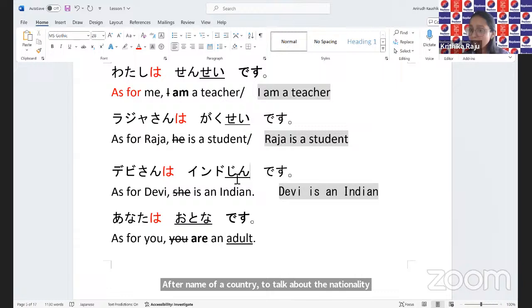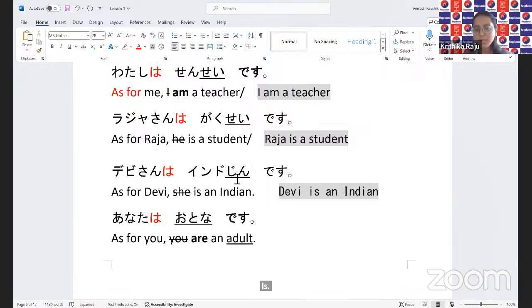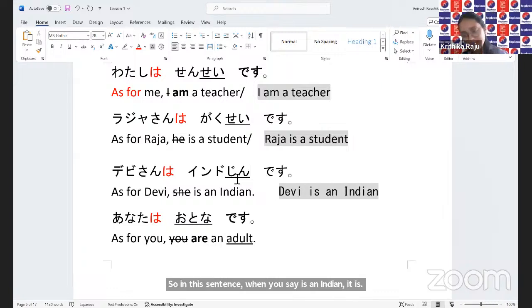So Indo-jin is Indian. France-jin is a French person. An English person is Igirisu-jin. An American is America-jin. So in this sentence, when you say Devi is an Indian, it is Devi-san wa Indo-jin desu.